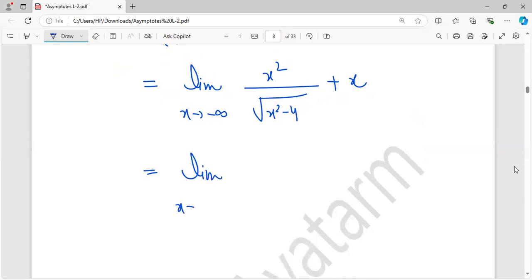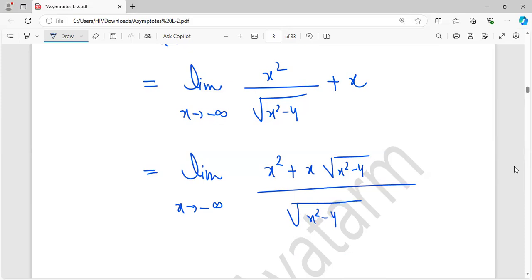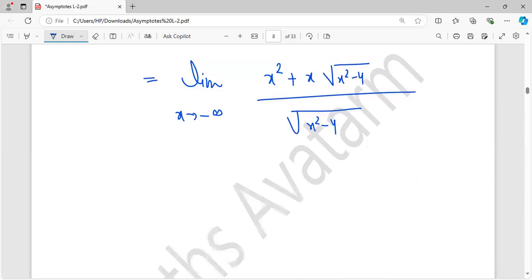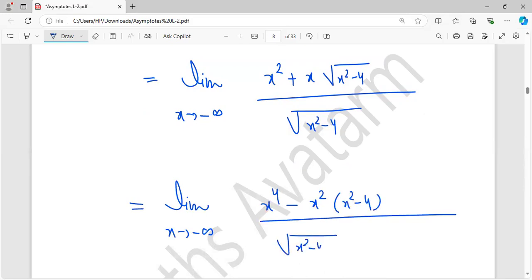Limit x tends to minus infinity, x to the 4 minus x square minus 4 upon under root x square minus 4, x square minus x under root x square minus 4.